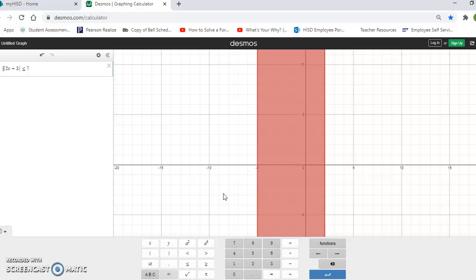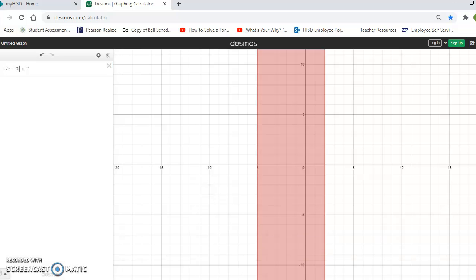Here you see a -5 on the left hand side, and a +2 on the right hand side. Your solution region is confined in between, and it includes the endpoints, because these are not dotted lines and this is an equal to sign. So your solution lies between -5 and +2.